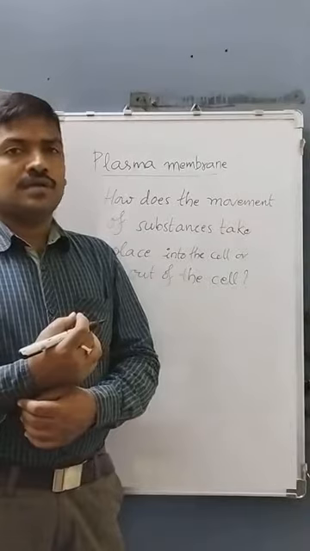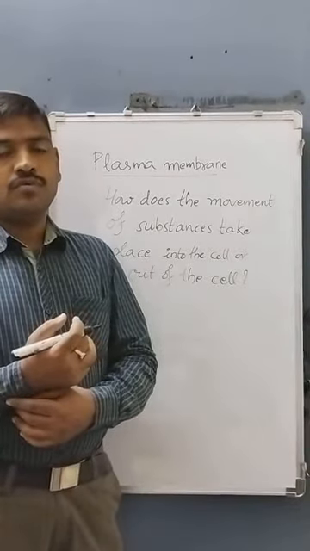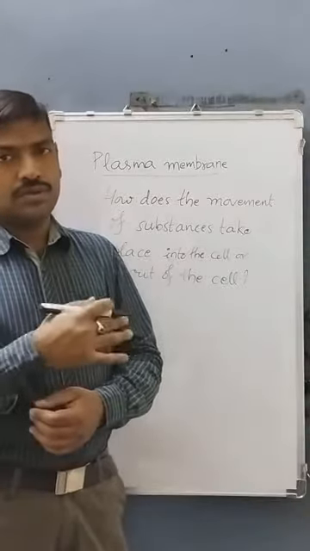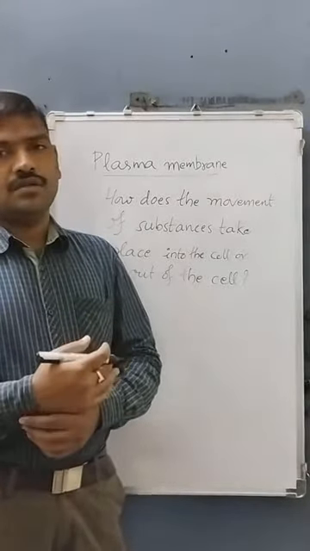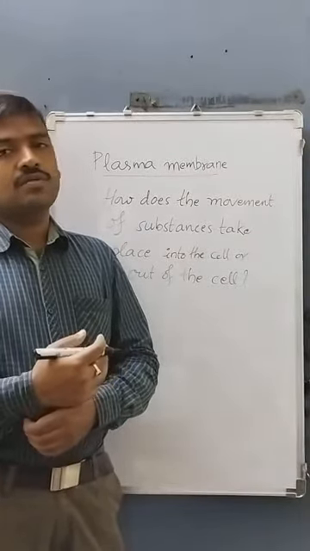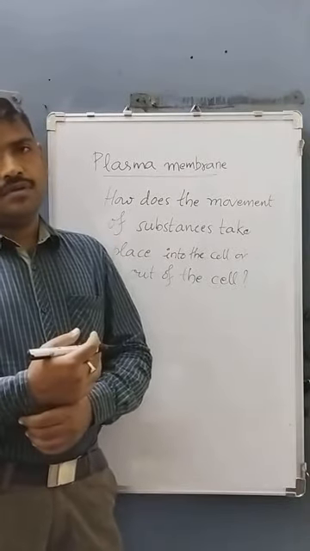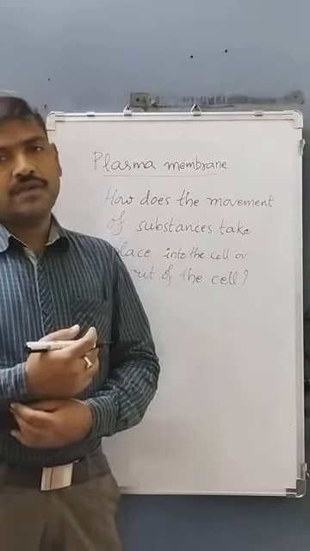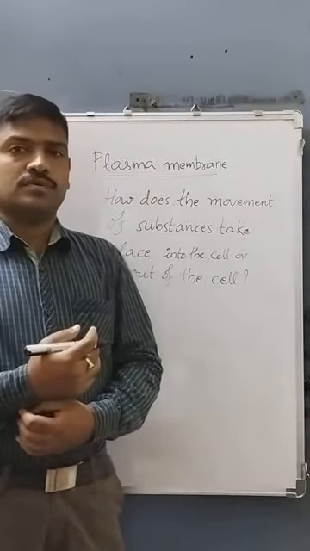The movement of substances in and out of the cell is called cellular transport. Cellular transport basically takes place in two ways: active and passive transport.